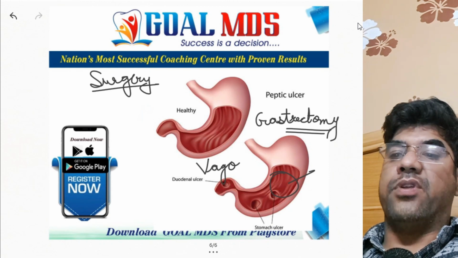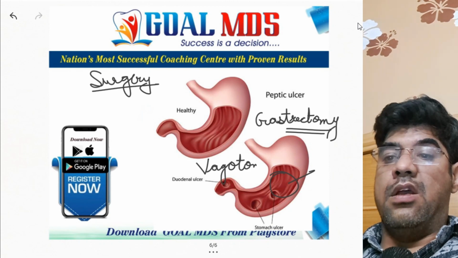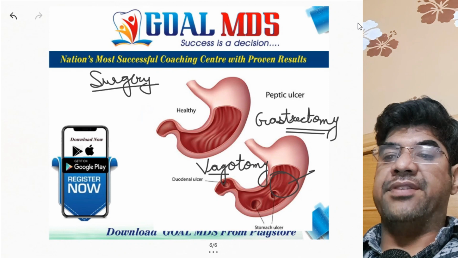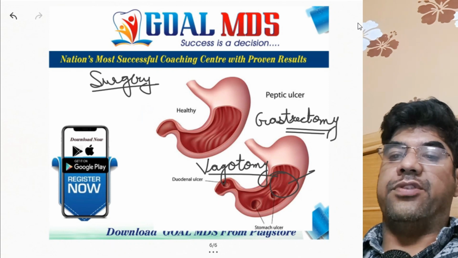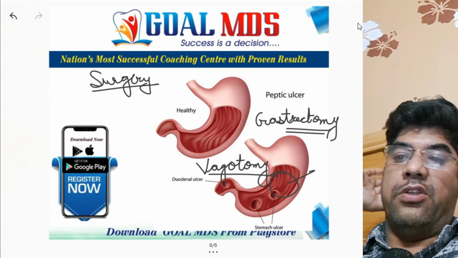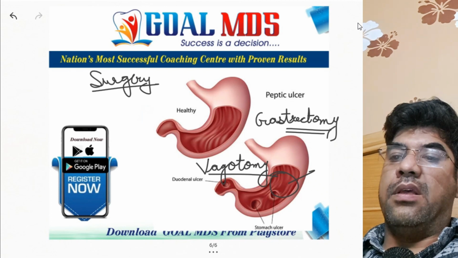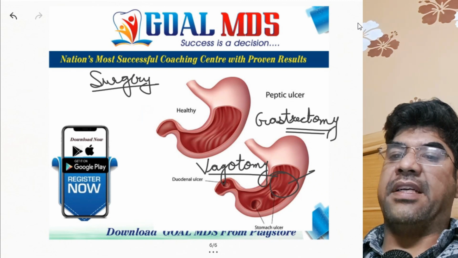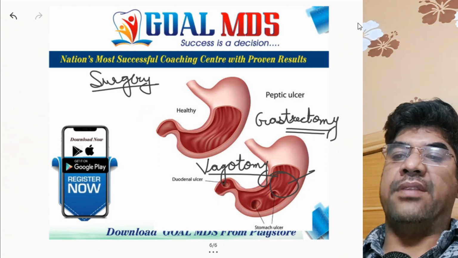Another surgical procedure for the peptic ulcer is vagotomy. Here the surgeon will cut the vagus nerve that controls the production of stomach acid. So what will this do? This helps to reduce the acid secretion that can promote healing of the ulcers.